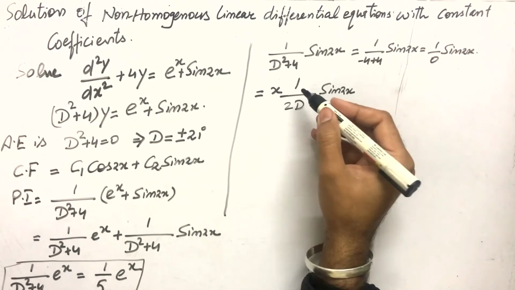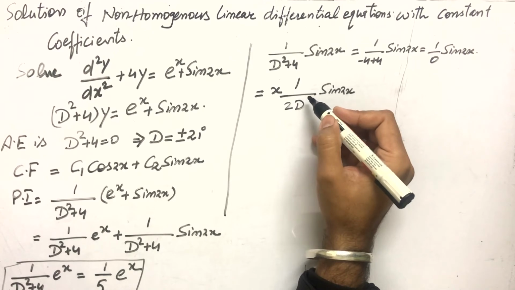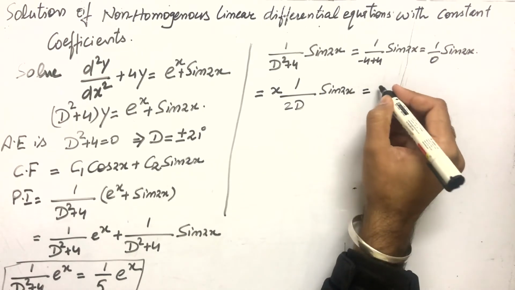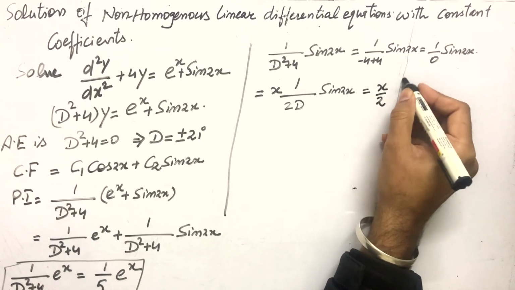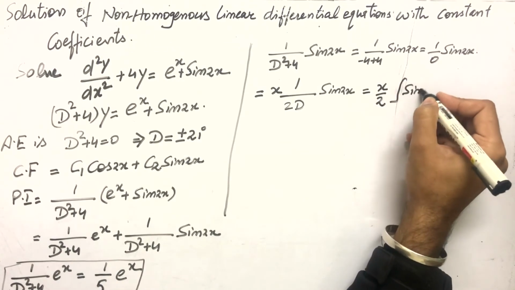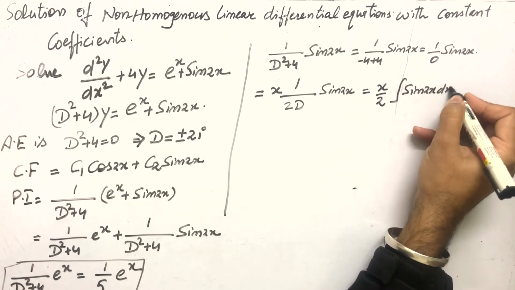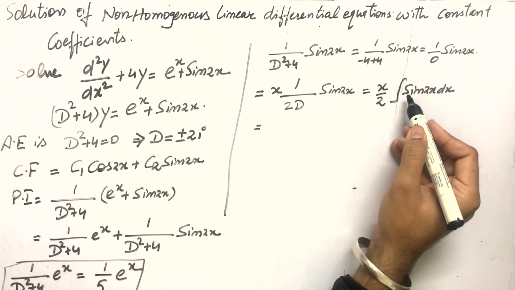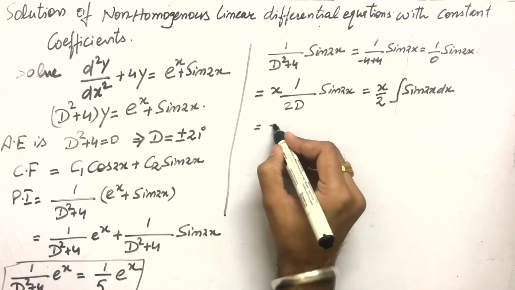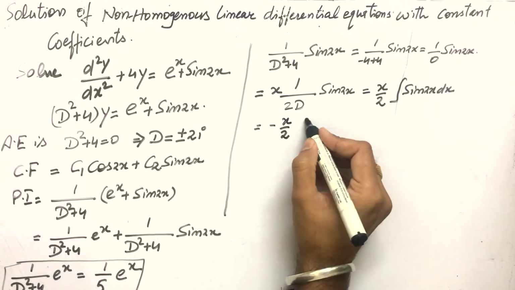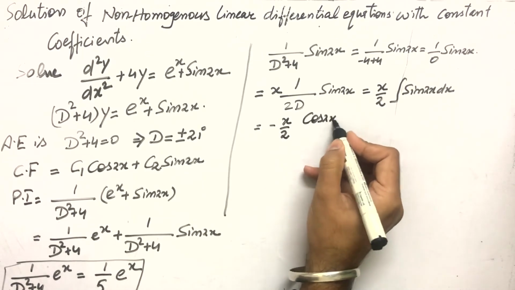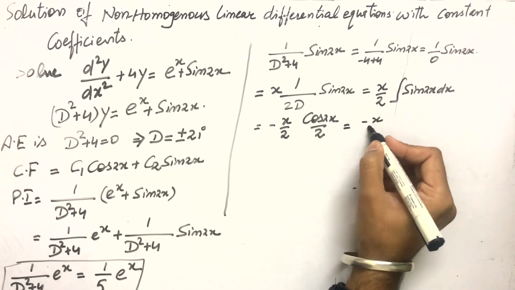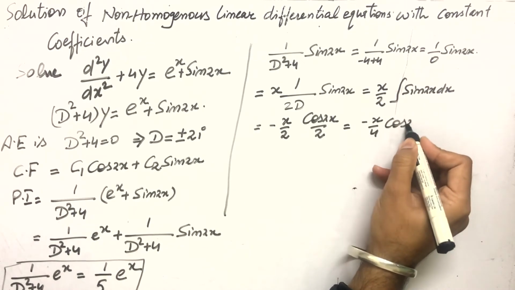So very easily, what is 1 by D? 1 by D means integration of this. So that may be written as x by 2, integration of sine 2x dx, and that will be evaluated to, the integration of sine is minus cos, minus x by 2 cos 2x upon 2, which is minus x by 4 cos 2x.